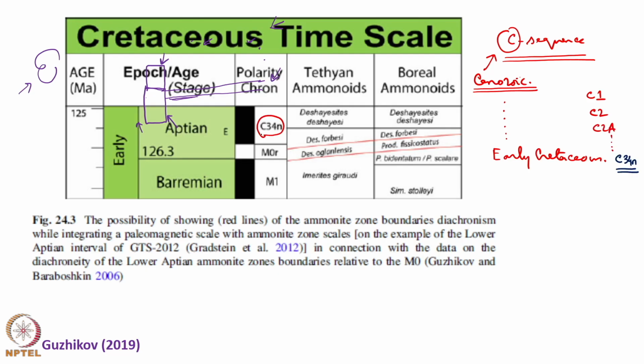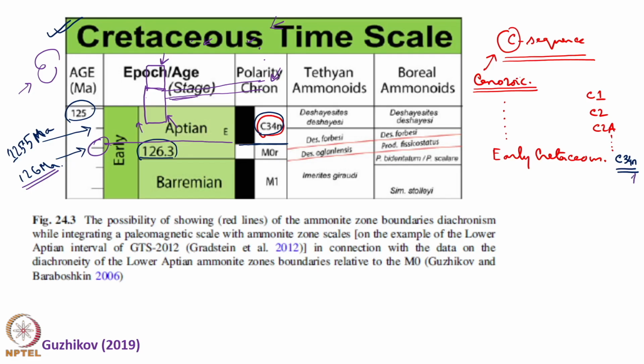The C34n can be seen within the Cretaceous time scale and it ends over here. This is 126.3 million year, this is 125 million year, which means this is 126 million year and this is 125.5 million year, and the boundary goes like this. So, it is almost up to 126 million year, the end of C sequence.